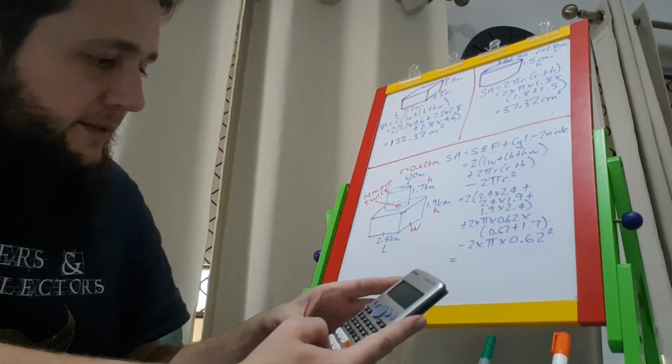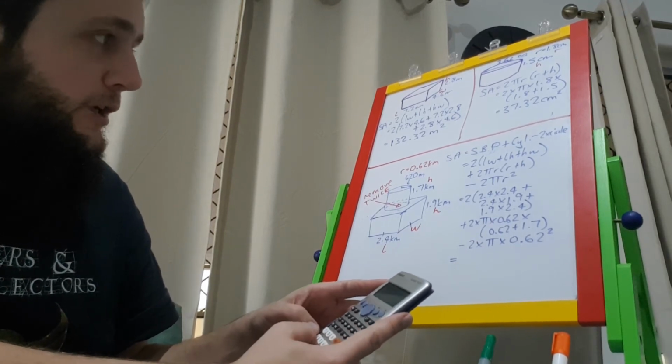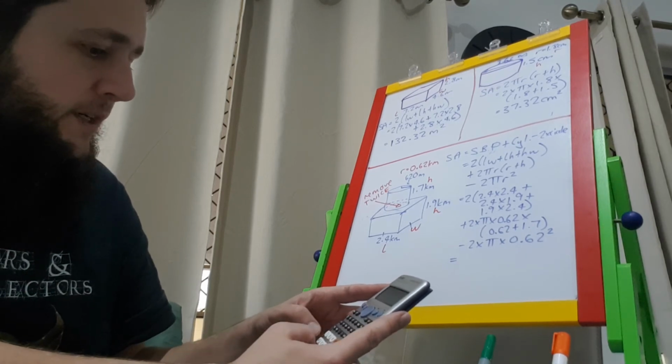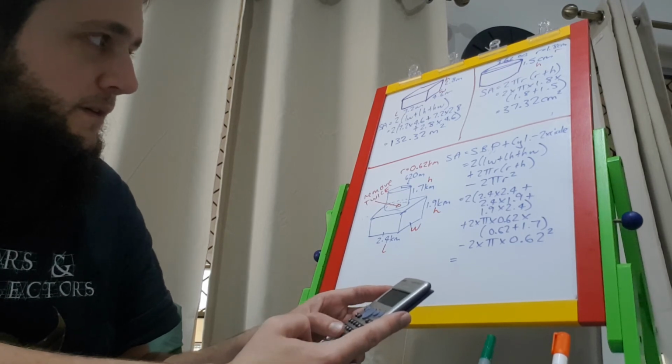So let's do this. 2 in brackets, 2.4 times 2.4. I hope you're doing this at home. Plus 2.4 times 1.9 plus 1.9 times 2.4. Close brackets.